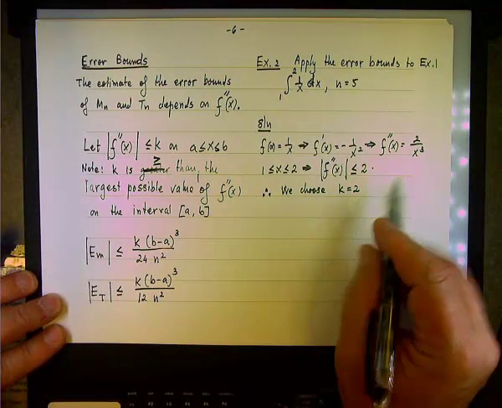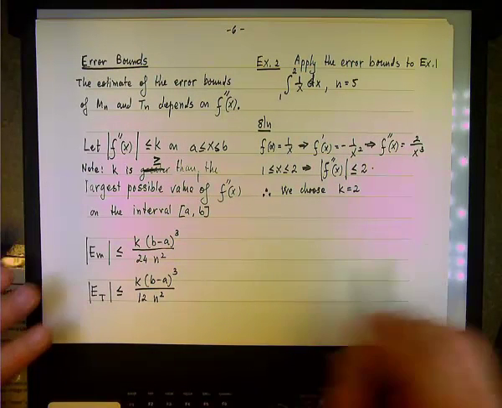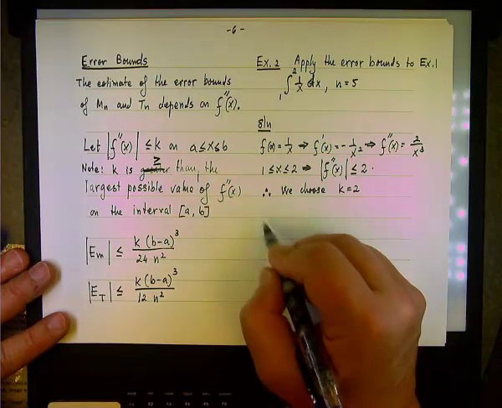So we have k equals 2, n equals 5, and now we are ready to calculate.